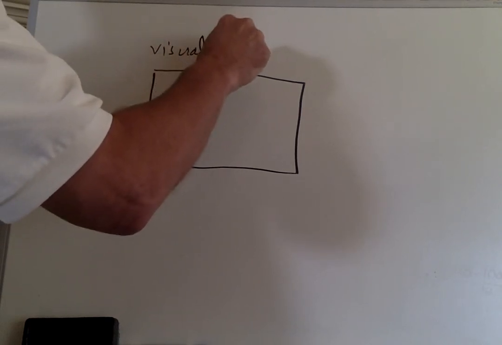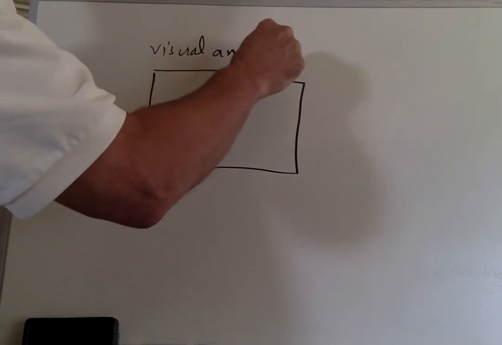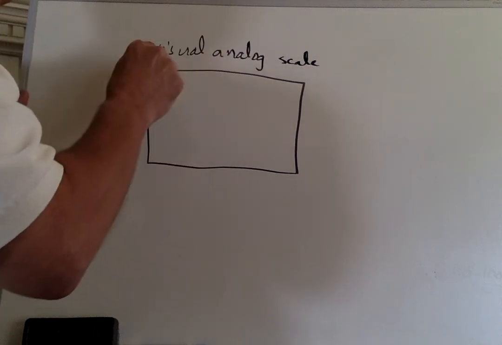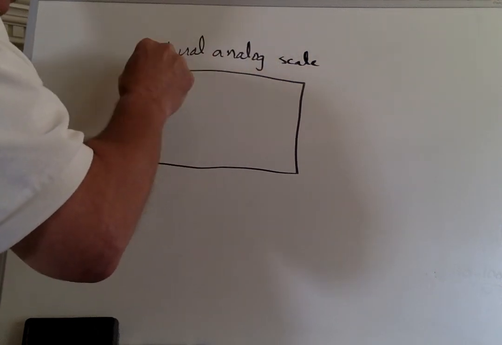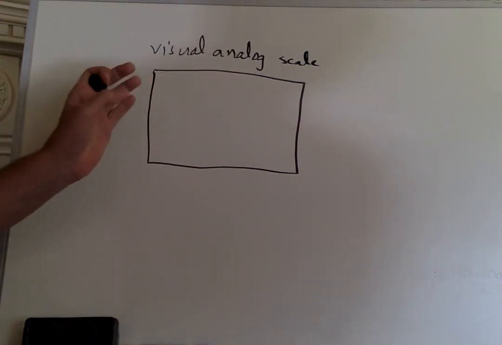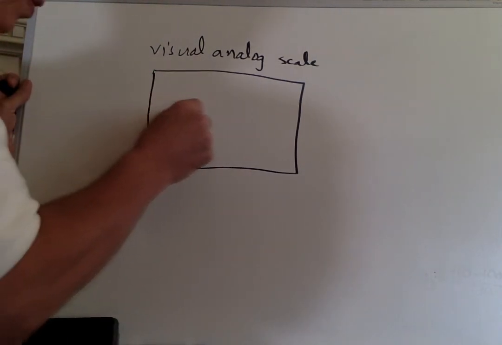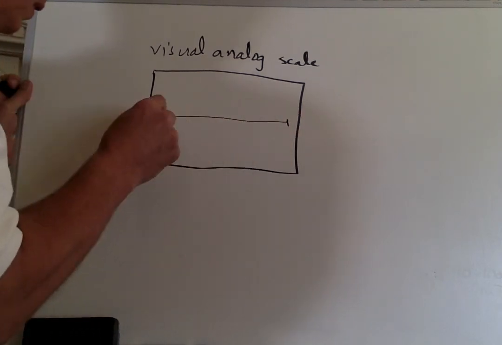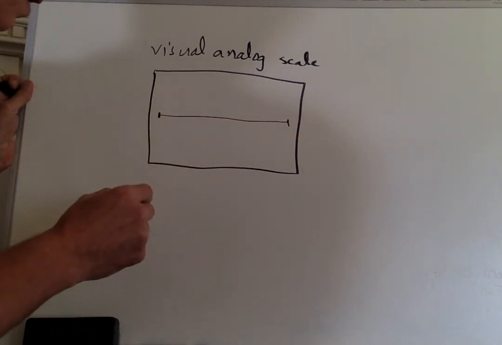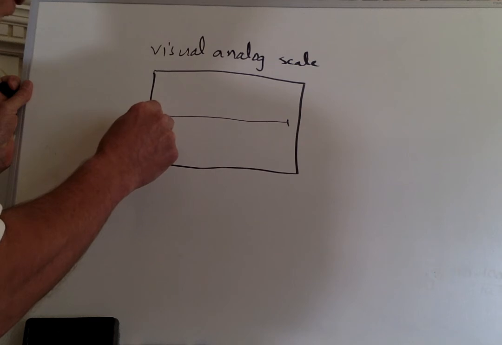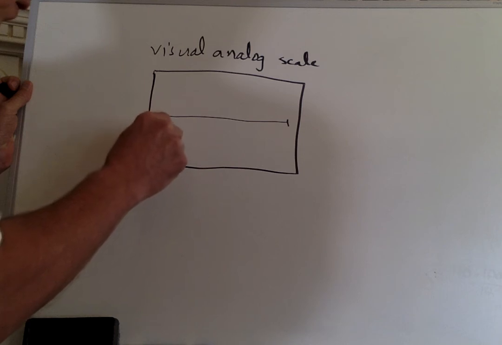Visual analog scale, okay? This is a sheet of paper, and I'm going to do this landscape. And then on this sheet of paper, I'm going to make a line like this. On this end, I'm going to say, not sweet at all.